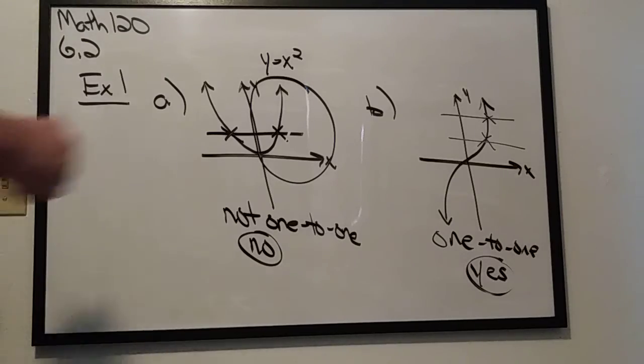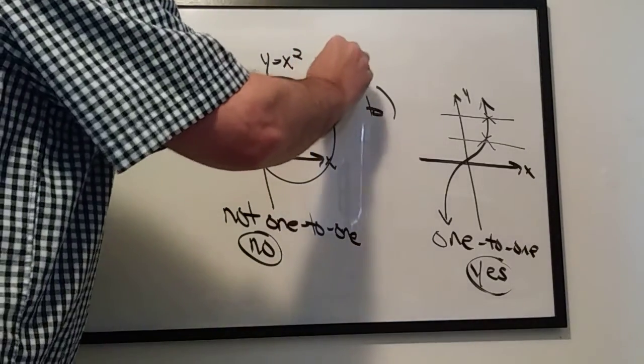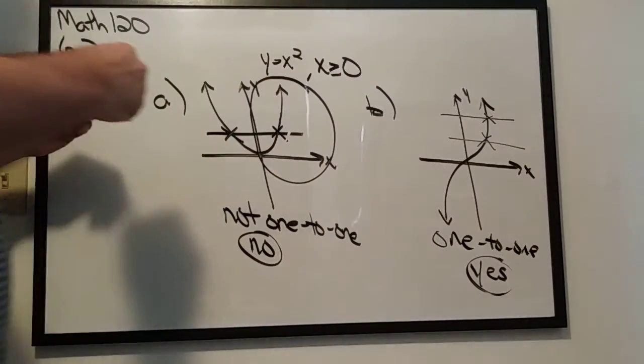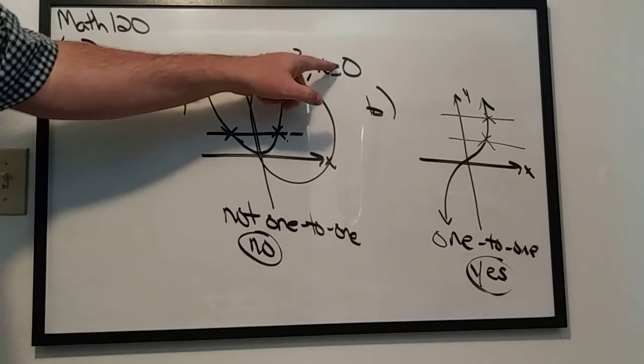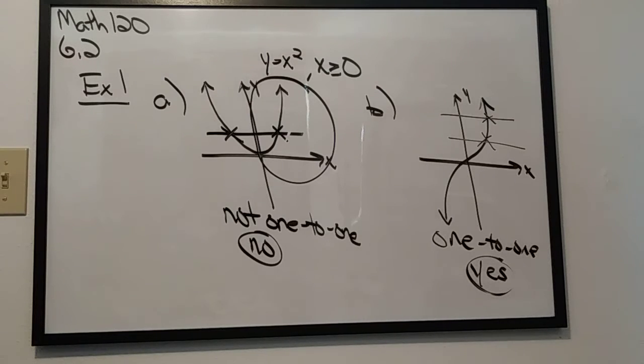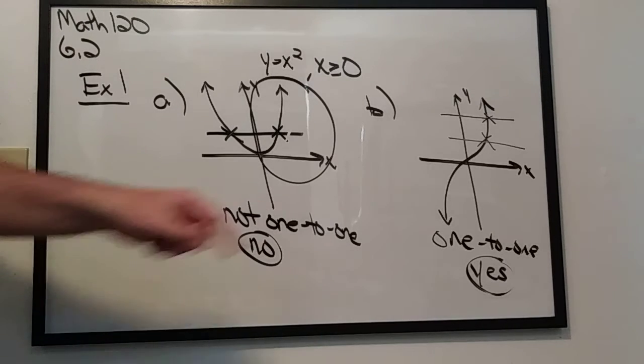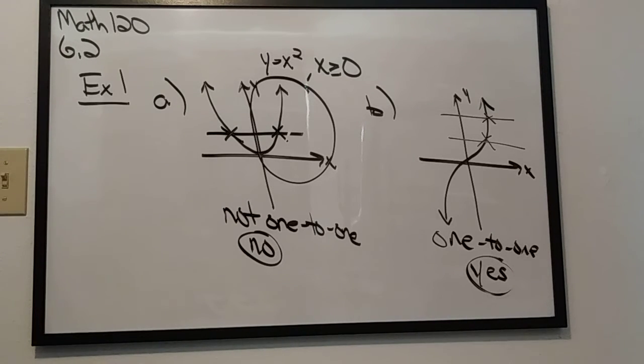So what we can do is come in and say that x has to be greater than or equal to 0. So what we have just done is restricted the domain. And if we look at the function y equals x squared, where x is greater than or equal to 0, that now is a function that passes the horizontal line test, which means that it would be one-to-one. And then we can move forward with it for the rest of the section.